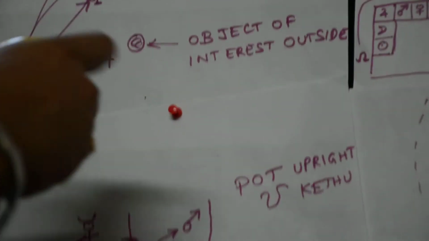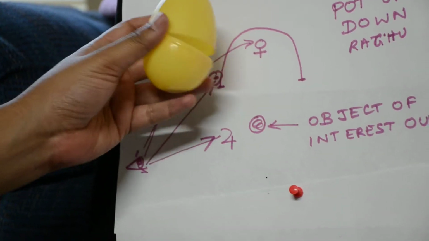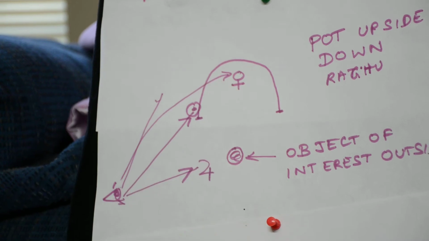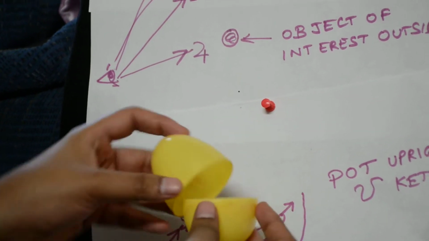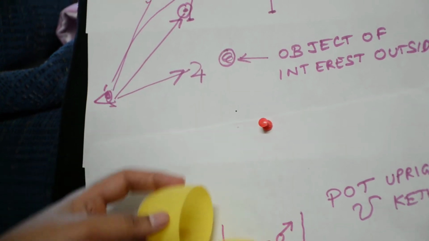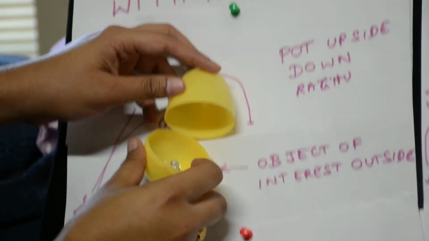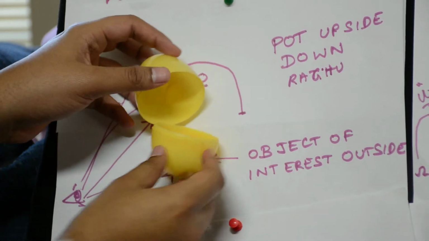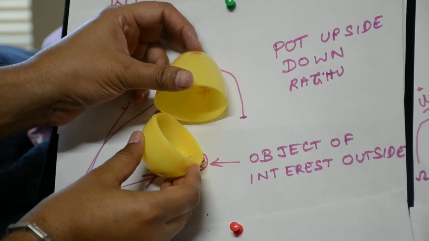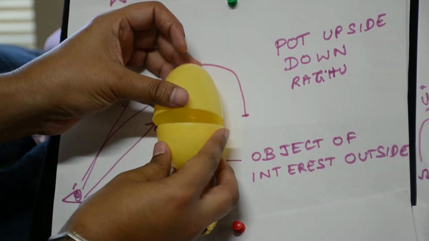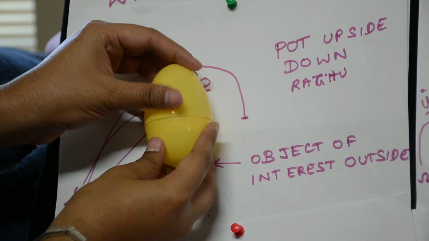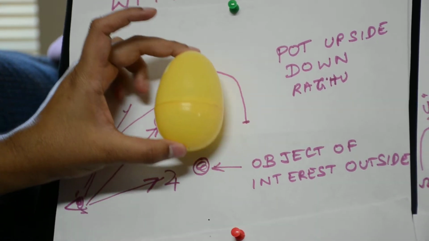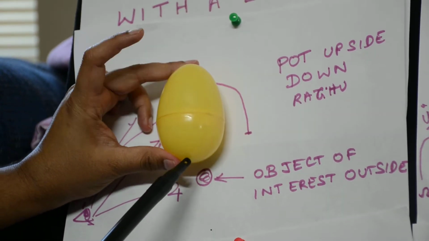Now we will see how this is connected to an Easter egg. See, this is upside down, this is upright, and the object of interest is always inside. And when it comes outside, though this is inside the lower part, it is still outside the upper part. So you can just close this Easter egg part, and the object will be here.